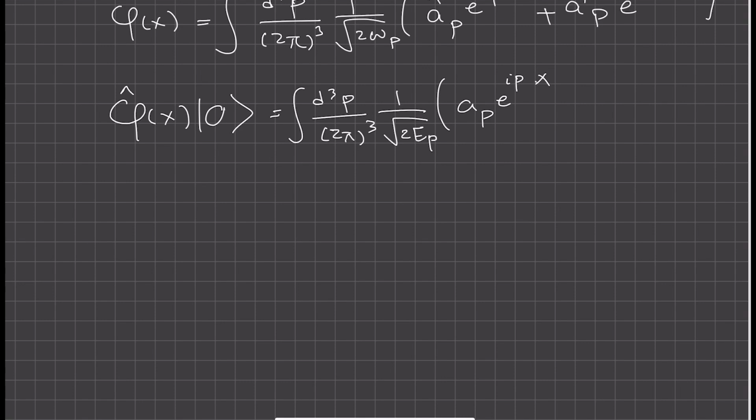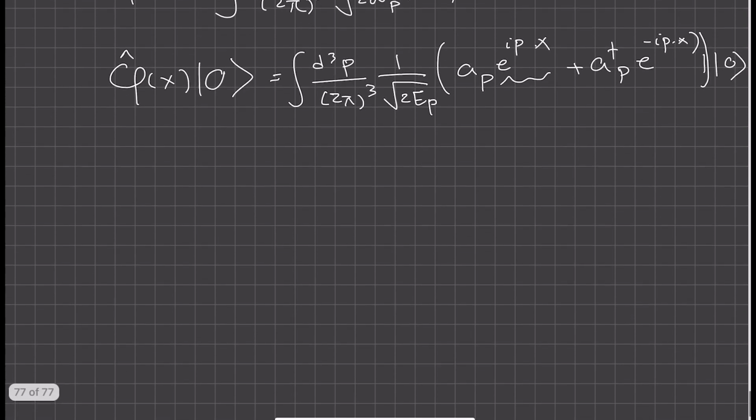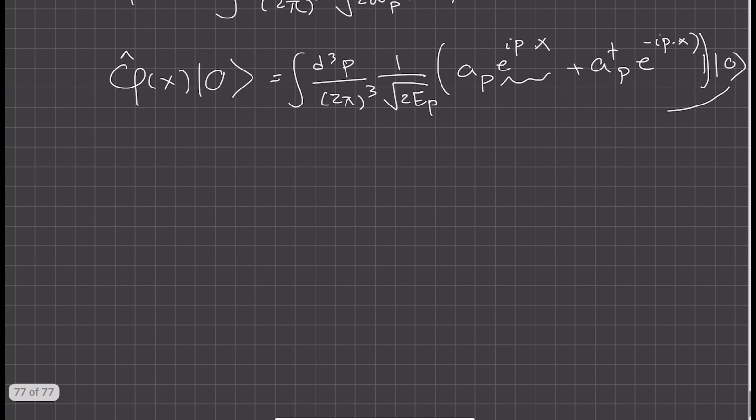So these exponential terms came from the definition of the Fourier transformation. You have two independent modes for the Fourier transformation, plus or minus, so they are independent. One of them acts on a_p and the other one acts on a†_p. And then you have a†_p exponential of minus i p·x. Now these are all acting on the vacuum state. The vacuum state goes to the a operator, and that turns into null, 0.